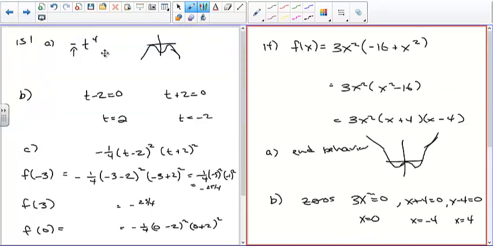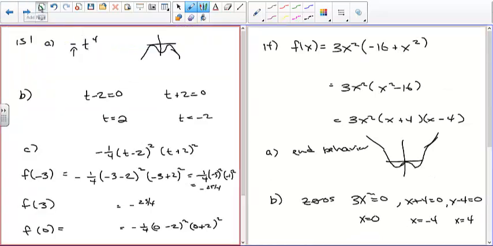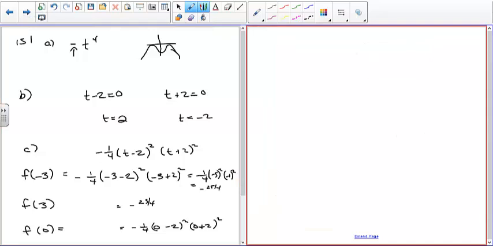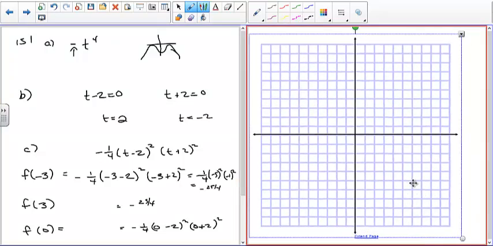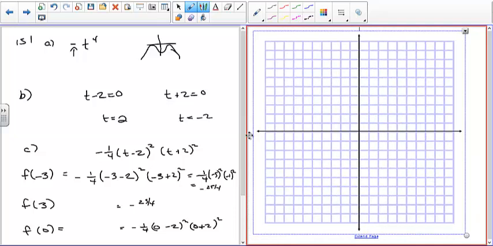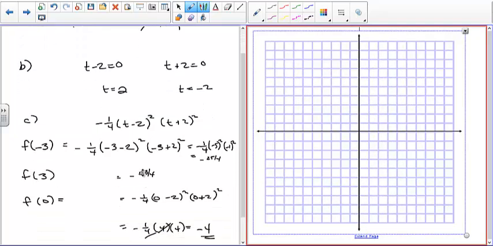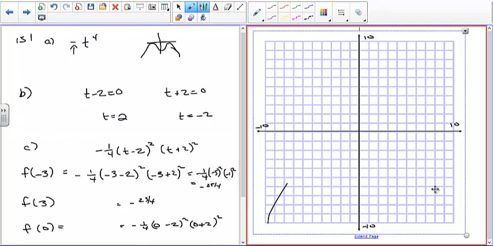So now we can add a page and put a piece of graph paper in there. As far as the y-axis is concerned, 25/4 is about 6, so our standard scale sounds pretty good. Okay, so the end behavior says things are going to go like this.